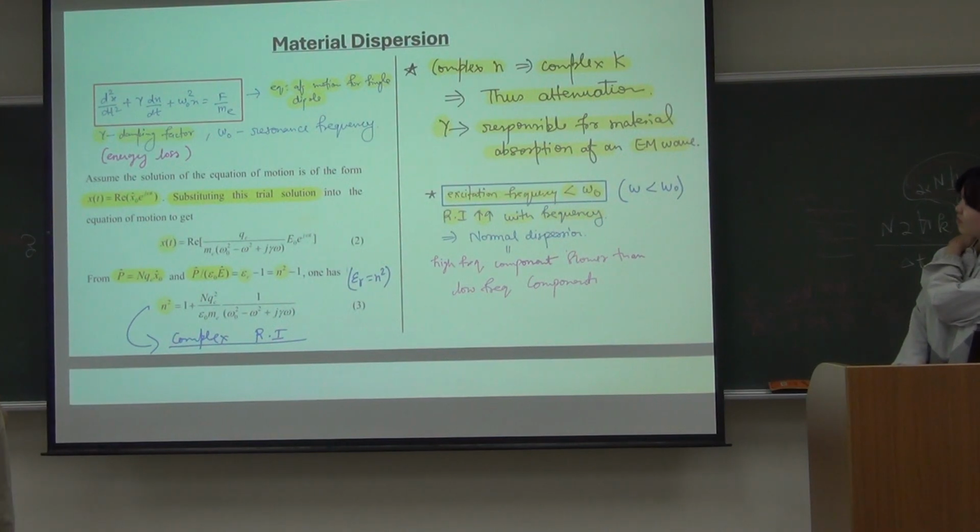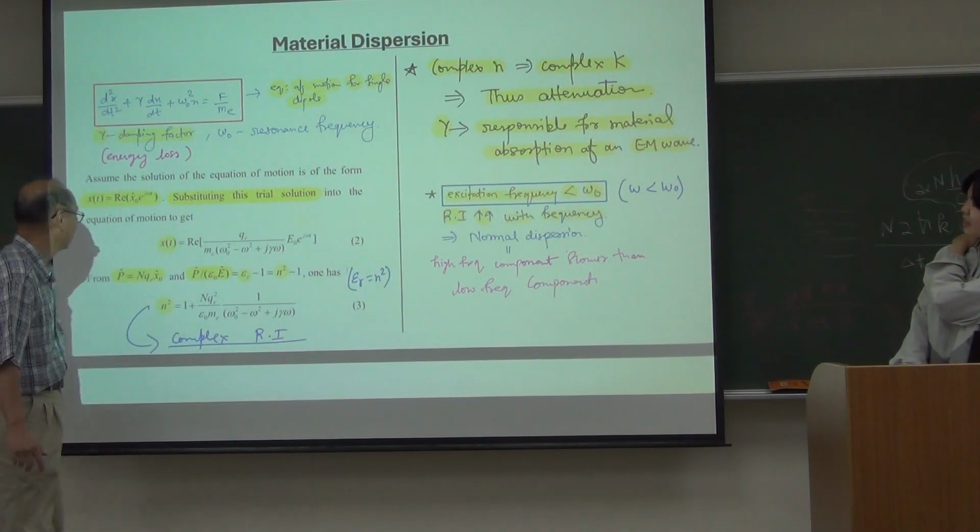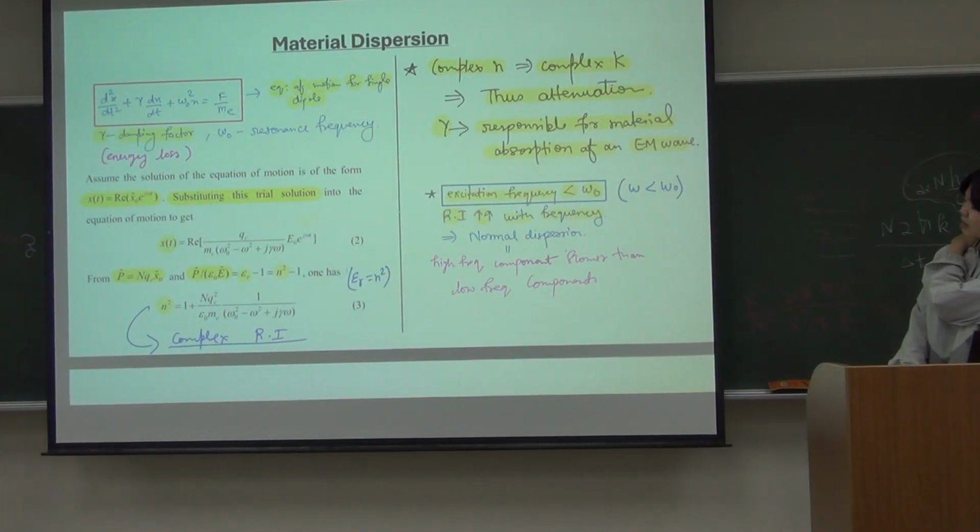Where's the harmonic function? Right here, F. So the harmonic function is this. F is equal to qE, and I'm putting some unit amplitude function on the t into the system.